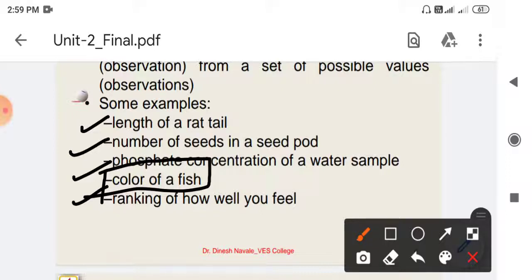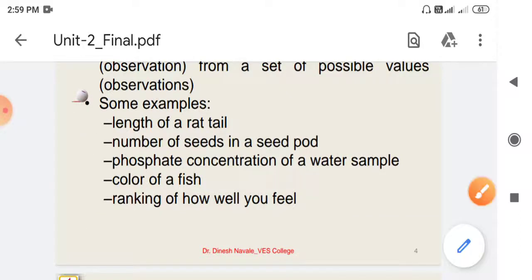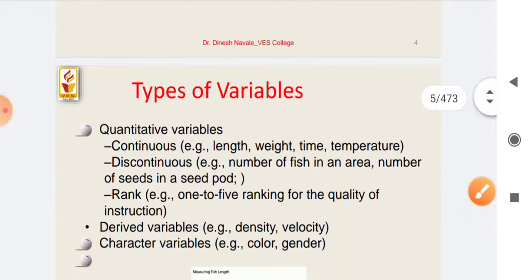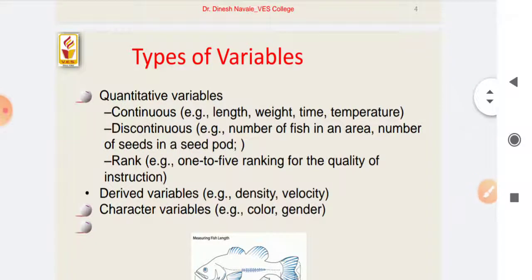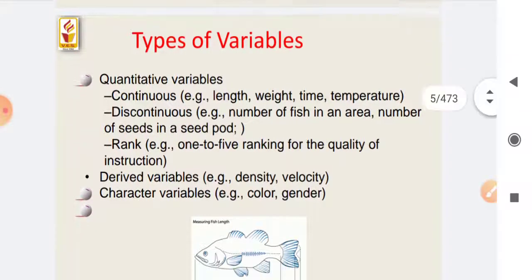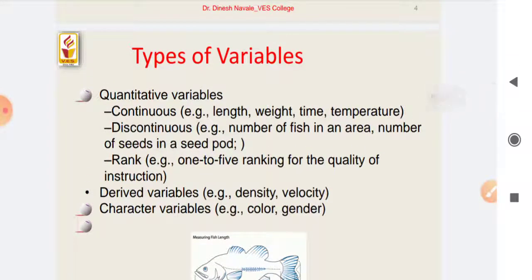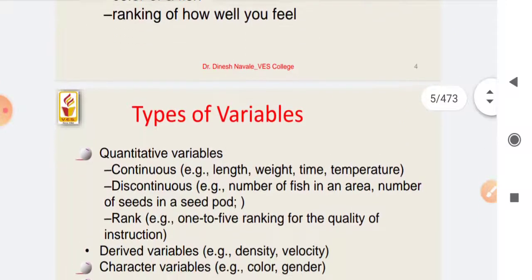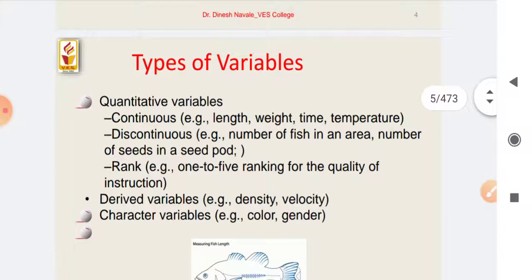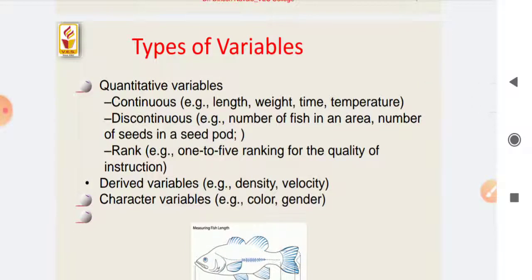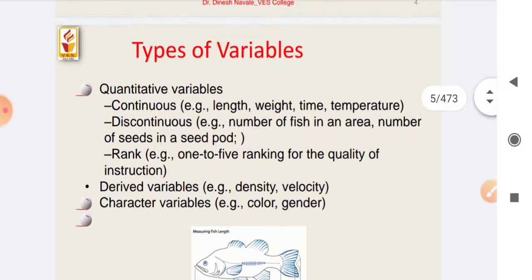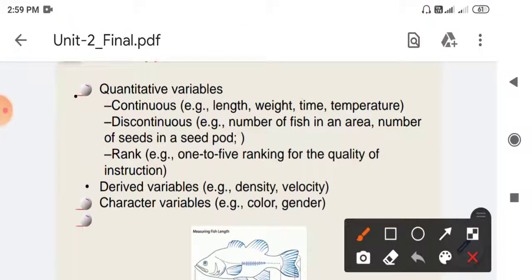Ranking of how well you feel also depends upon the stability of that particular person at that instance, which tells how he is feeling right now.